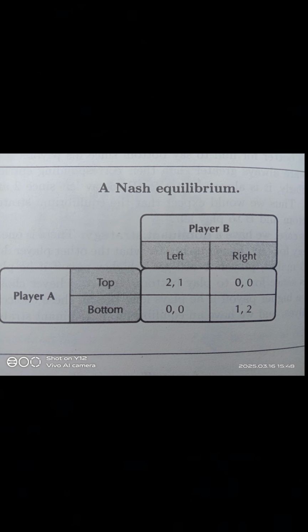So in this case we can say that there is a Nash equilibrium. Let us look at the table. Think about the strategy where player A chooses top and player B chooses left. For the top left strategy, the corresponding payoffs are 2, 1.